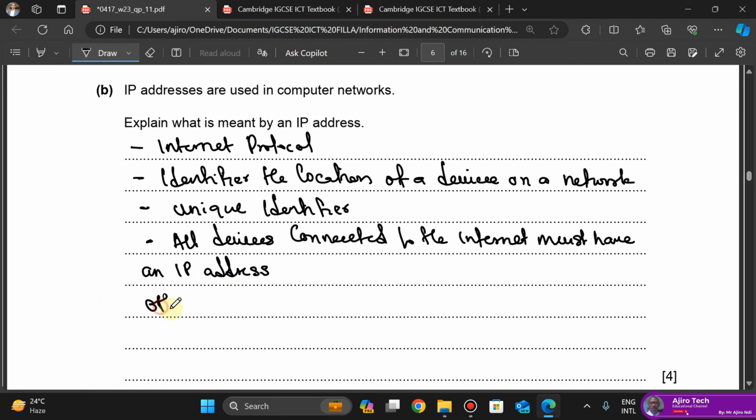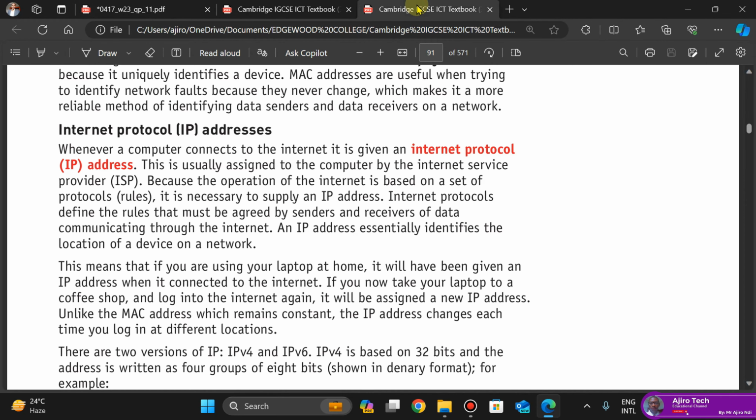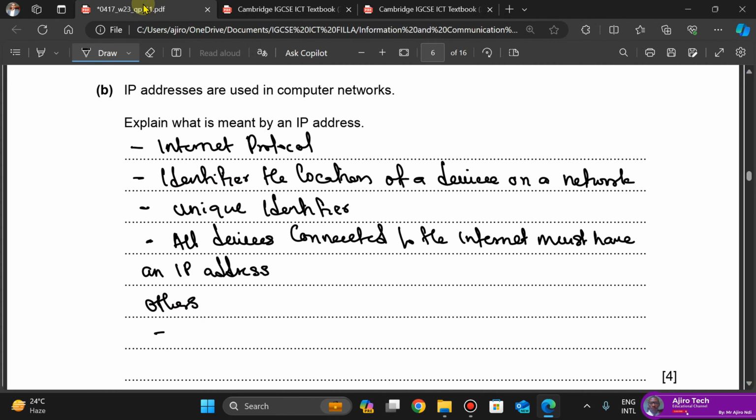For others, let's see. Now, if you take your laptop to a coffee shop and log into the internet again, it will assign a new IP address, unlike the MAC address that remains constant. Okay, so again, we've talked about the location of the device on the network, and it must be different.